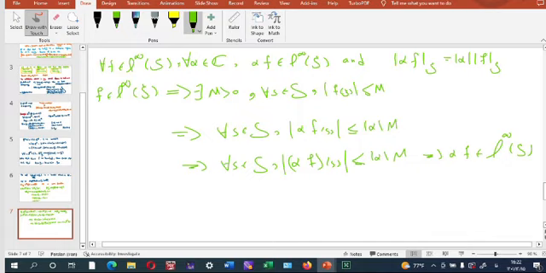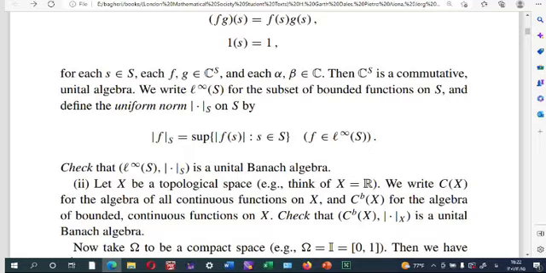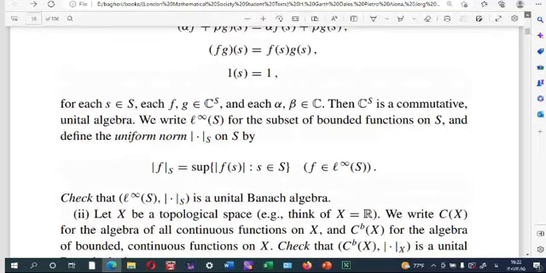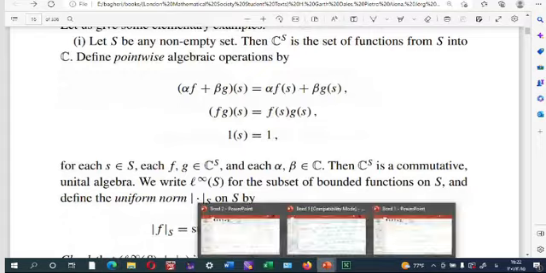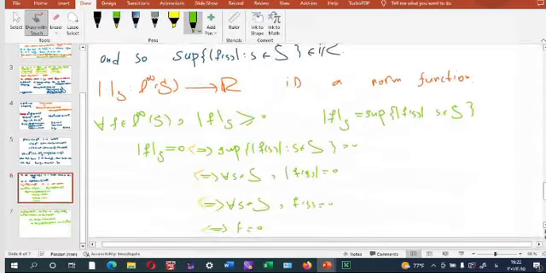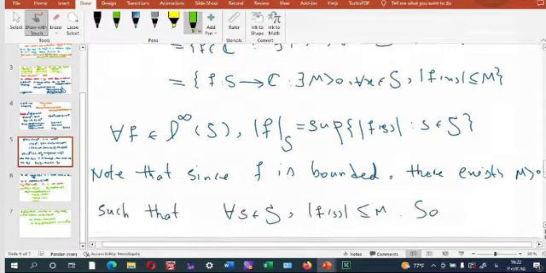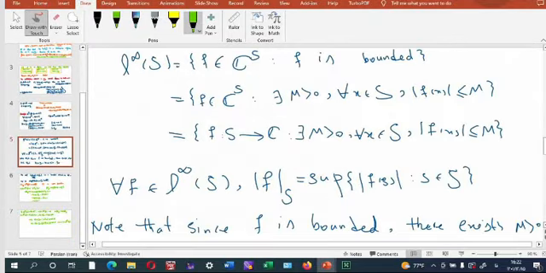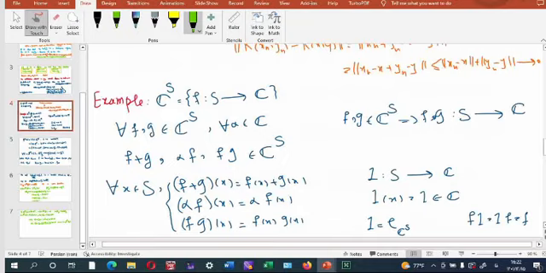Please note that alpha f of s equal to alpha multiplied by f of s. We defined this operation in the previous session. Alpha f of x equal to alpha multiplied by f of x, okay?